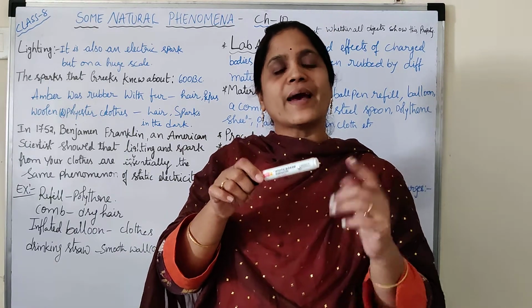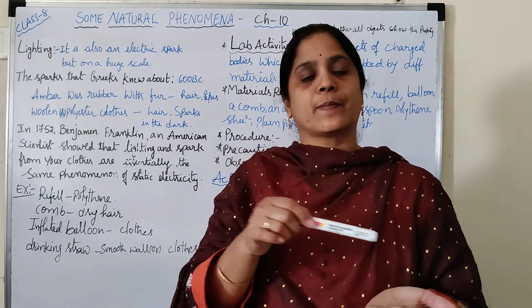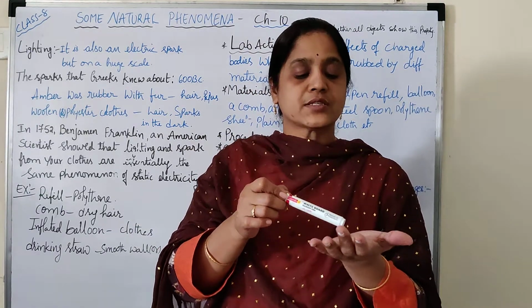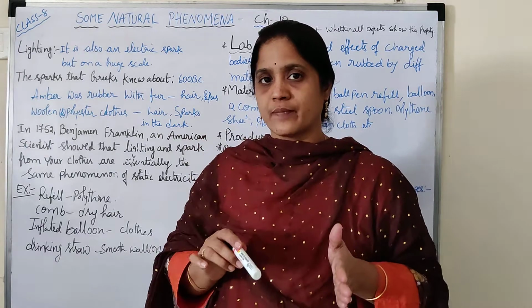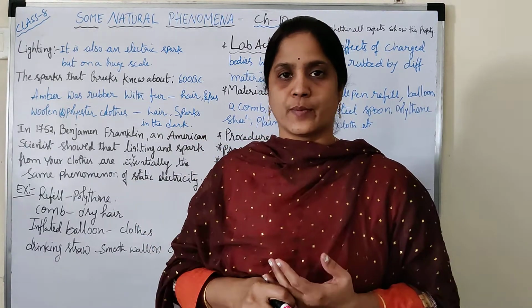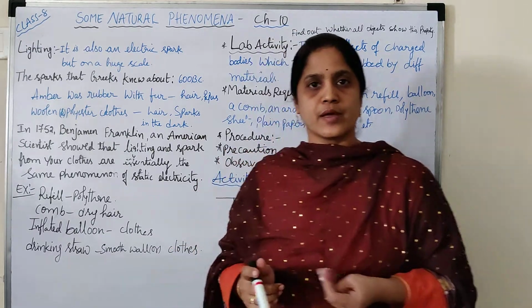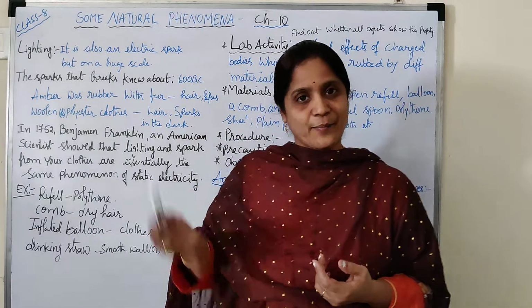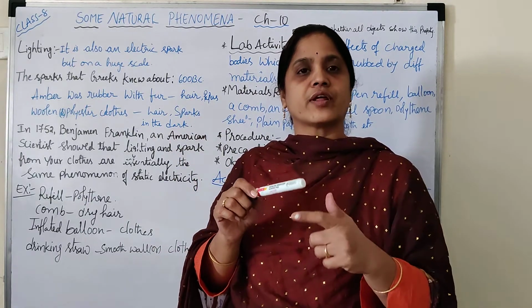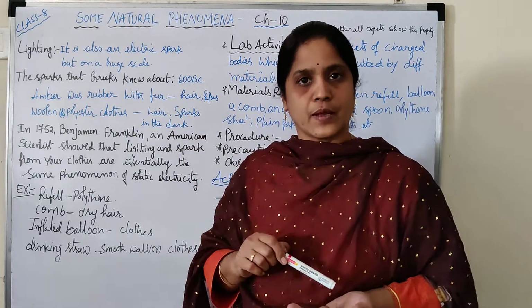Then the comb attracts the bits of paper. You can see this comb attracts the bits of paper. Before rubbing, there is no attraction between the comb and the bits of paper. But after rubbing, you can find that there is an attraction between the comb and the bits of paper.